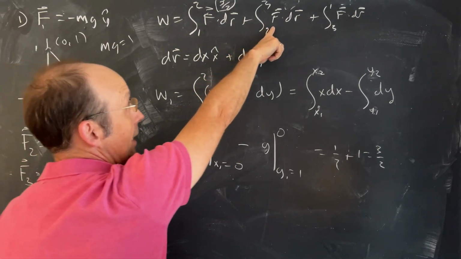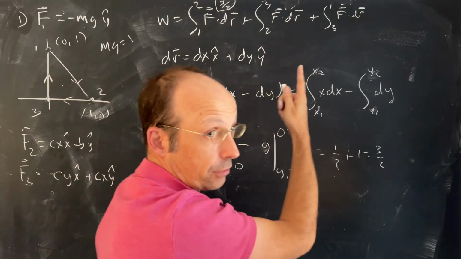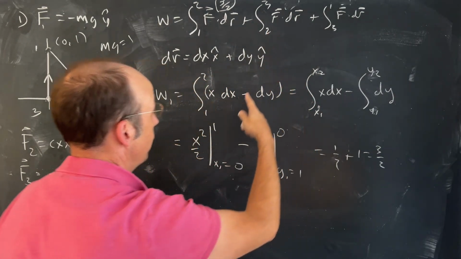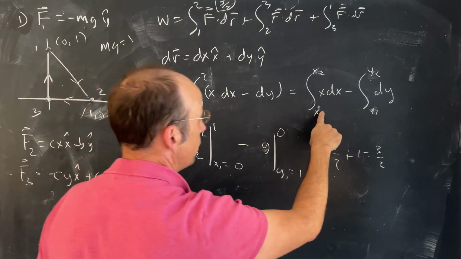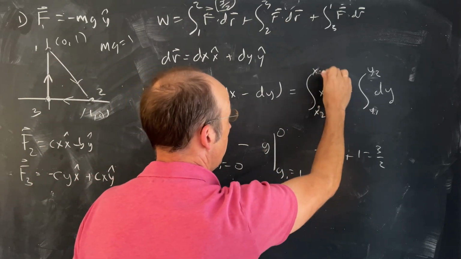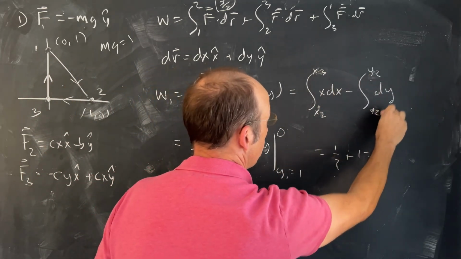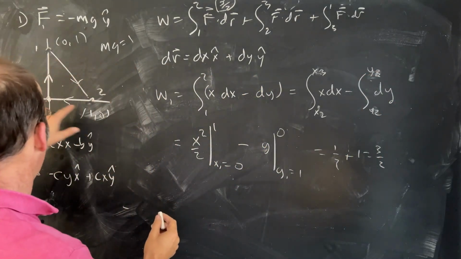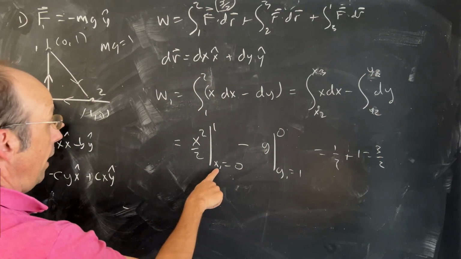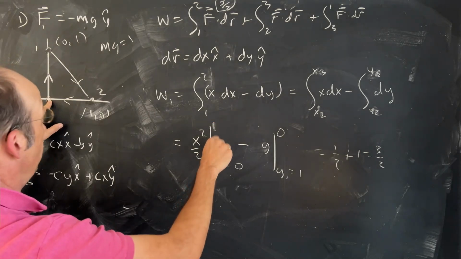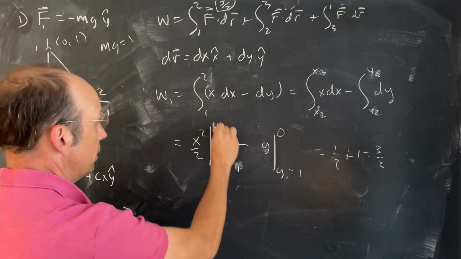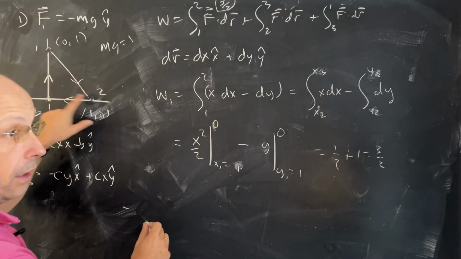Now let's do the next step. For the next step, the integral is the same, but I have different limits of integration. So now instead of going from 1 to 2, I'm going to go from 2 to 3. When I'm going from 2 to 3, the x integral goes from 1 to 0.